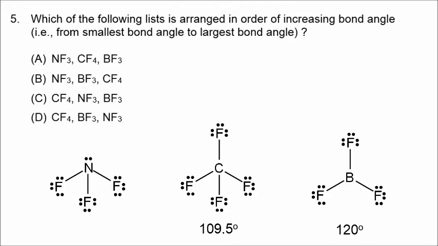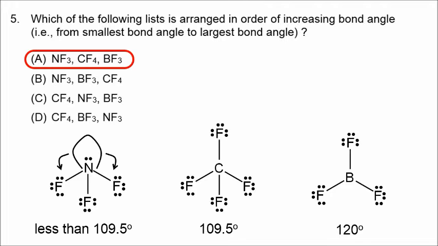And even though you might expect nitrogen trifluoride to be around 109.5, remember that the lone pair will compress the bond angle slightly, so it's going to be less than 109.5 because of the lone pair on the nitrogen. So in order from smallest bond angle to largest, we have choice A getting those numbers correct.